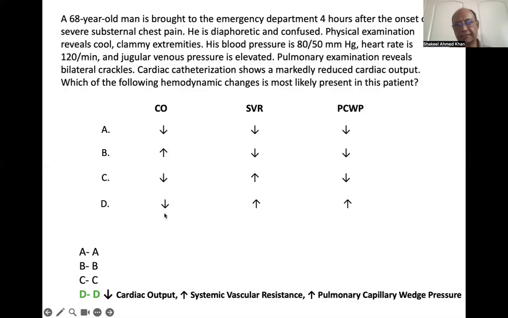So you can see here the cardiac output is low, there is severe systemic vascular constriction, and the pulmonary capillary wedge pressure is high. So the cardiac output is low, systemic vascular resistance is high, and pulmonary capillary wedge pressure is high. We will discuss one by one different types of shocks and how you can differentiate between this type of shock and the other types of shock.